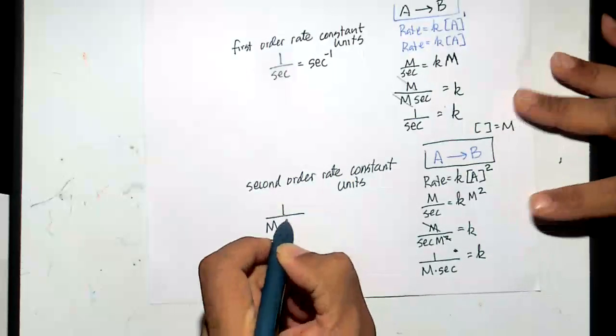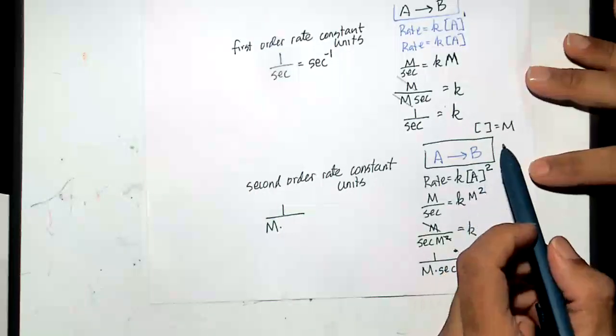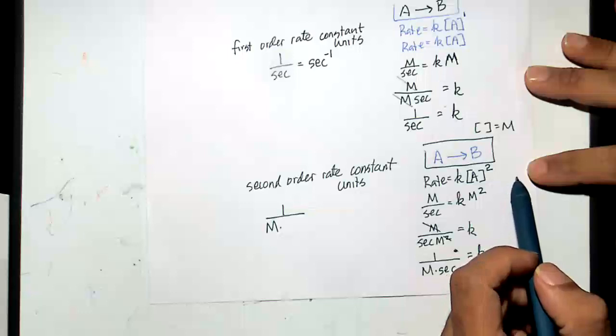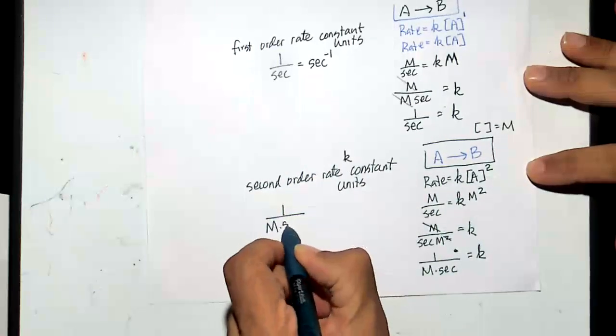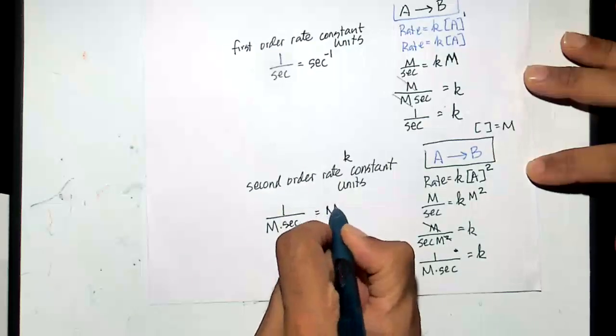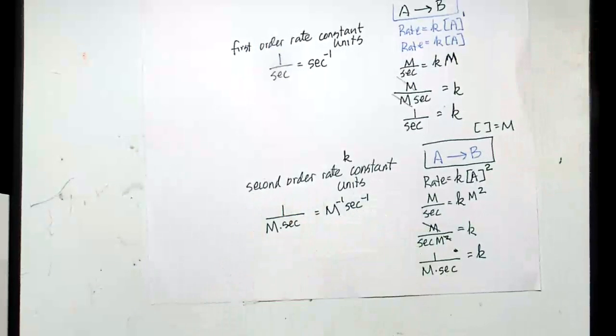So that's the unit for a second order decay for the reaction A goes to B, in which A decays with second order kinetics. These are the units of K. This is also the same as M^-1 s^-1. All right.